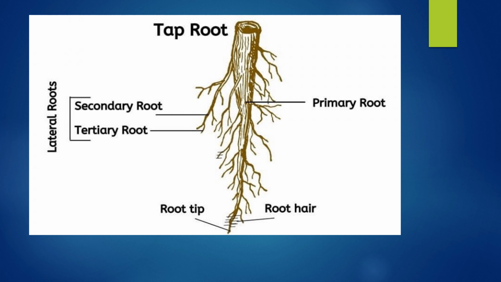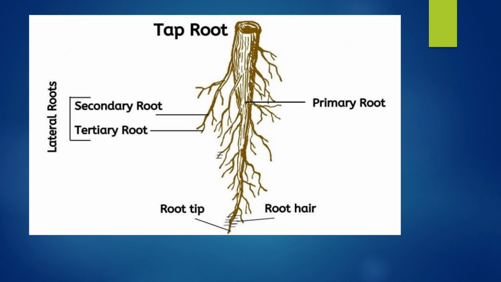They are continuously replaced by new cells that are formed near the root tip. Soil particles are coated with a thin film of water that has minerals dissolved in it. The root hair cells are in close contact with the water surrounding the soil particles. I hope you have understood the structure and the function of root hair.